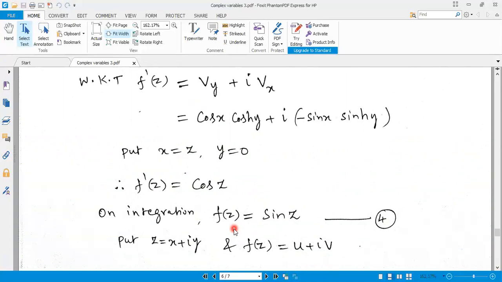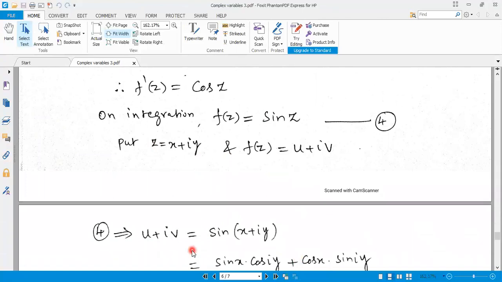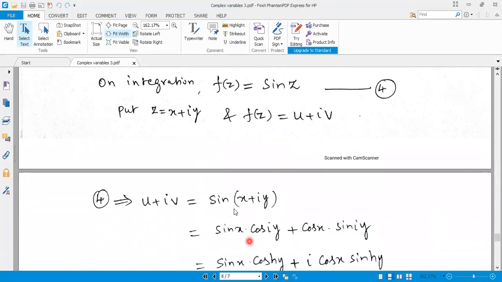From this we can find out the real part. Substitute z equals x plus iy and f of z equals u plus iv. So on the right hand side you can expand by the sin a plus b formula: sin of x plus iy equals sin x cos iy plus cos x sin iy.